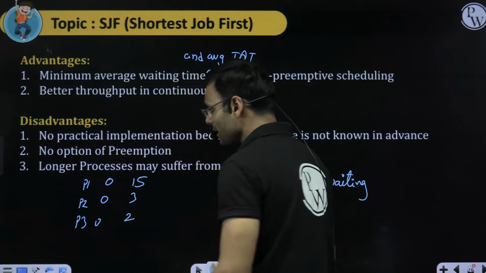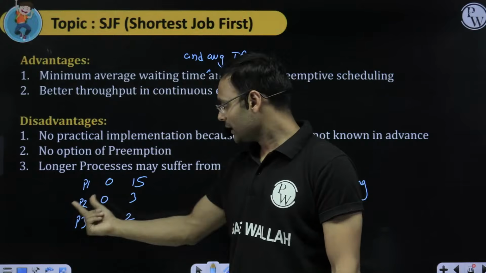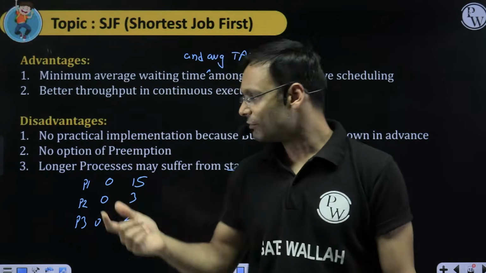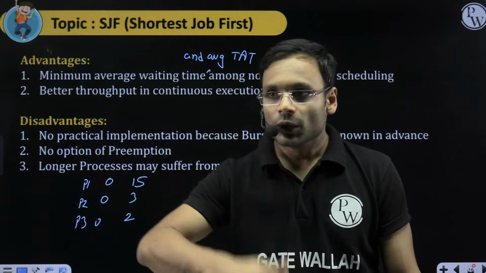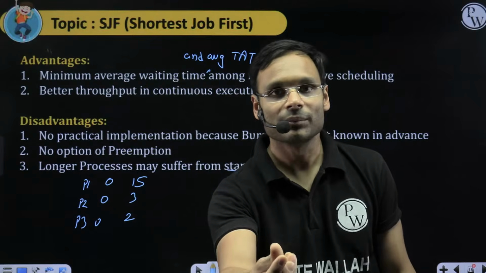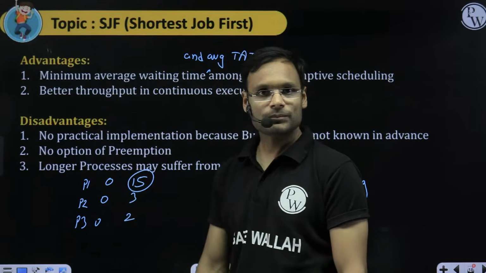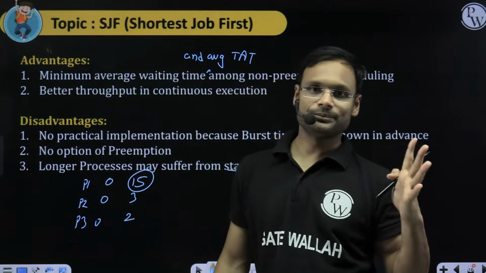The smallest process P3 will run, then P2 will run. While P2 and P3 were running, P1 was waiting, but during their execution 2 more processes, P4 and P5, arrive with smaller burst times. So P1 will have to wait.